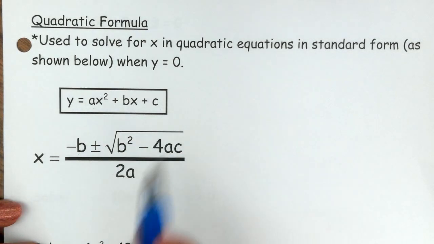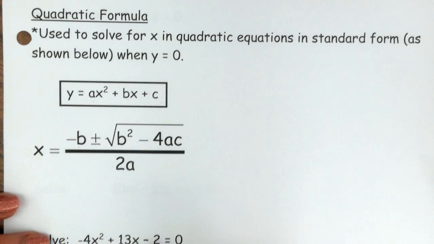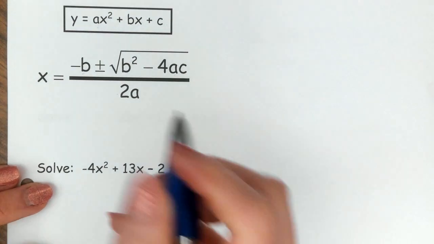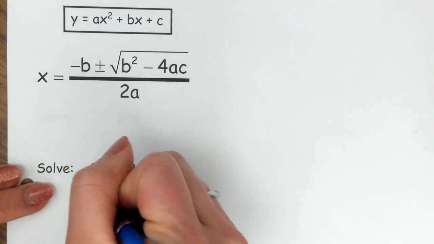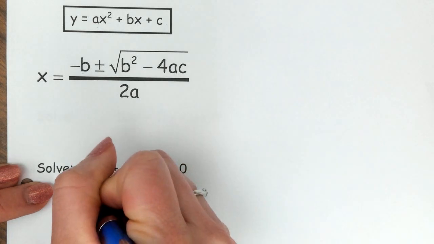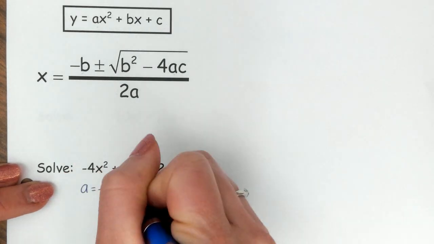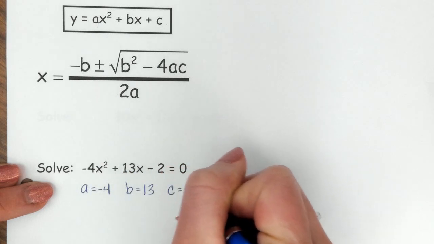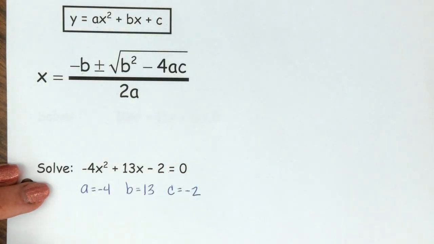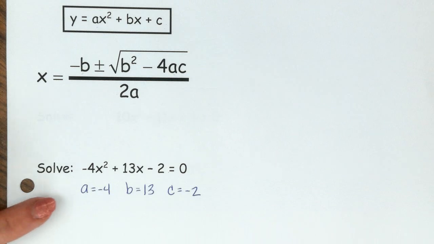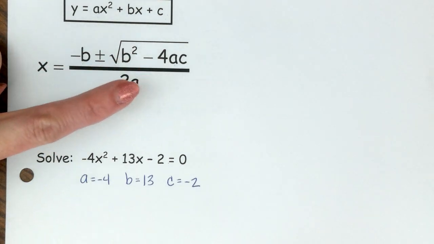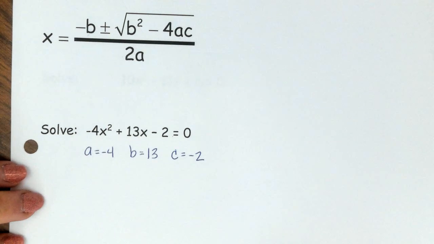So when I look at a problem, first, you got to make sure it equals 0, but then I find my A, I find my B, and I find my C. So then I start putting it into all of the pieces in my formula.